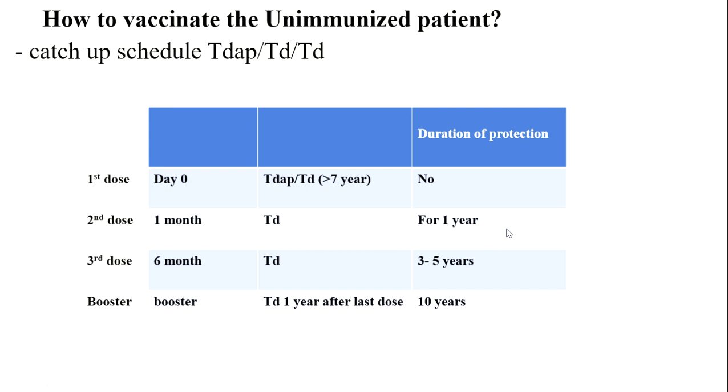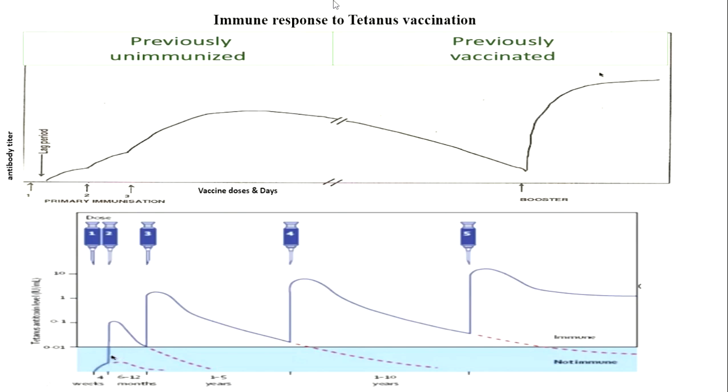So this is a graphical representation showing the immune response to tetanus vaccine. We can see the X axis is representing the number of vaccine doses and number of days, while the Y axis is representing the protective antibody titer. In this lower figure, the blue shaded area and the line above it demarcate the protective antibody titer.